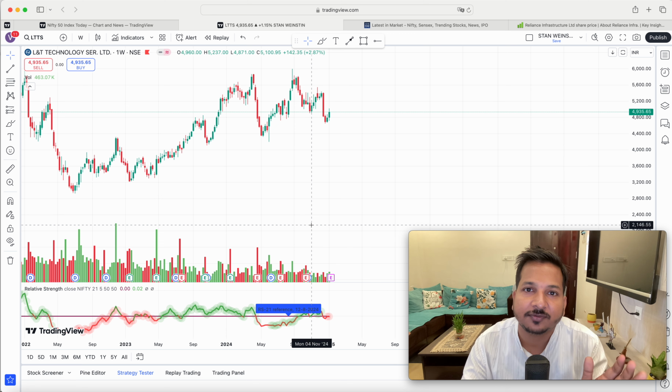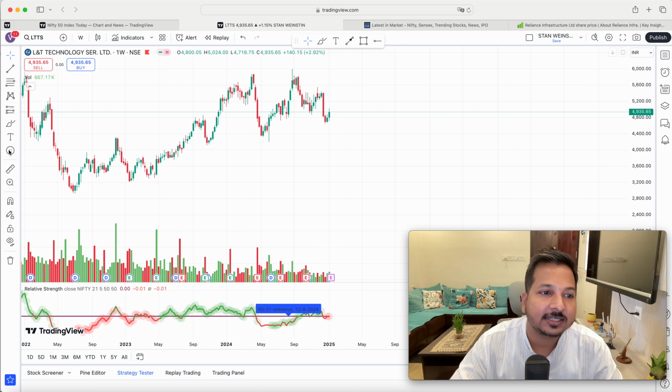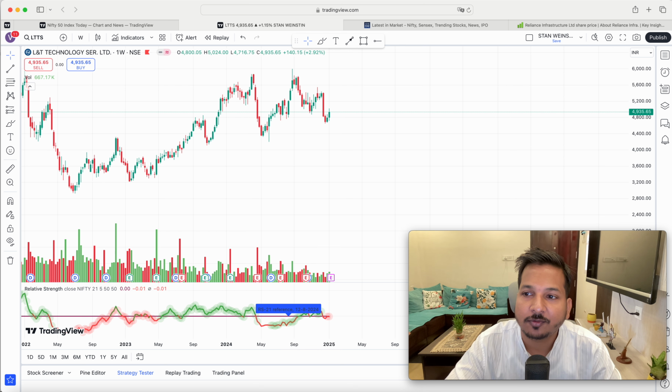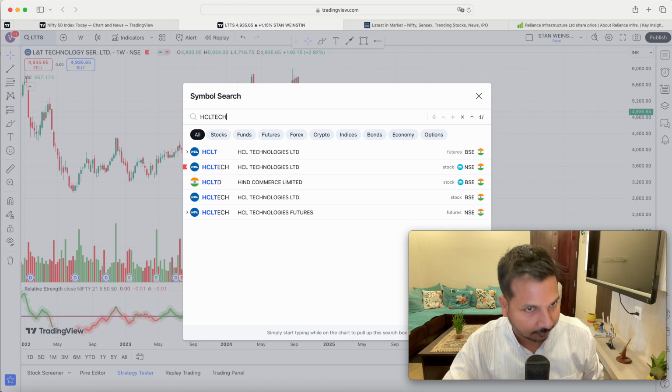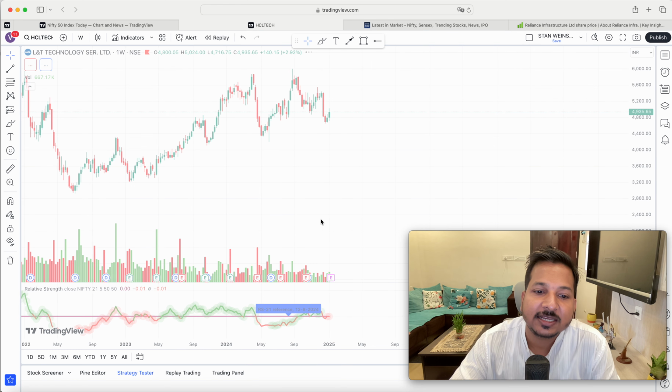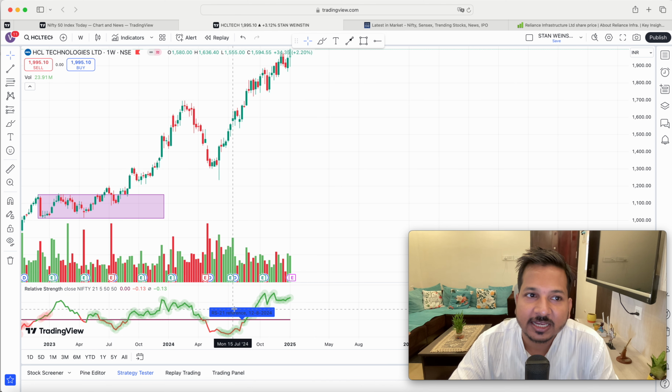Like that, if you search on daily, you will get some good stocks where this RS line will be uptrending. It will be like this, uptrending. I will show you with an example, HCL Tech. In HCL Tech you see the RS line is positive in the 21 weekly chart.